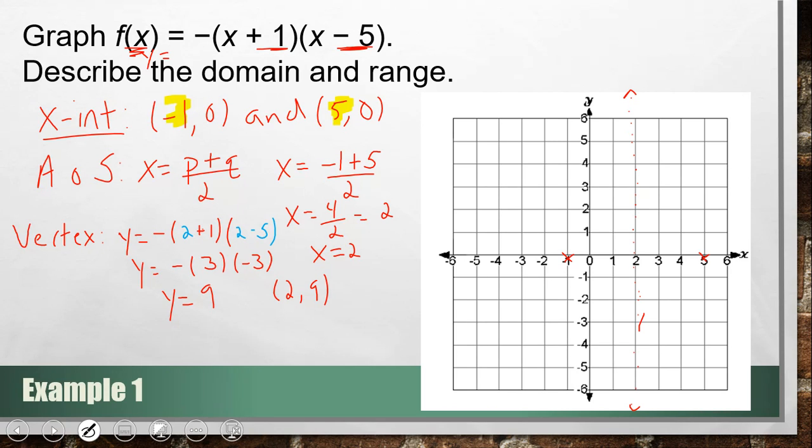This is off the graph a little bit, but it's going to be up here. Now I could go ahead and draw in my parabola.